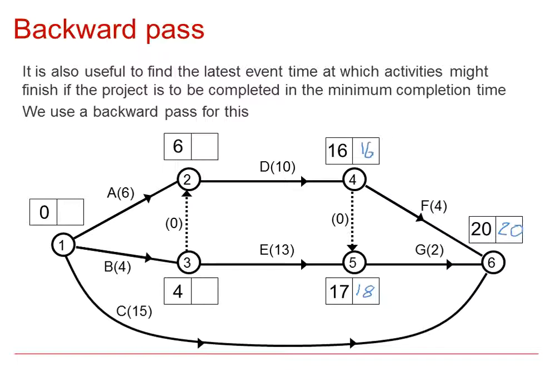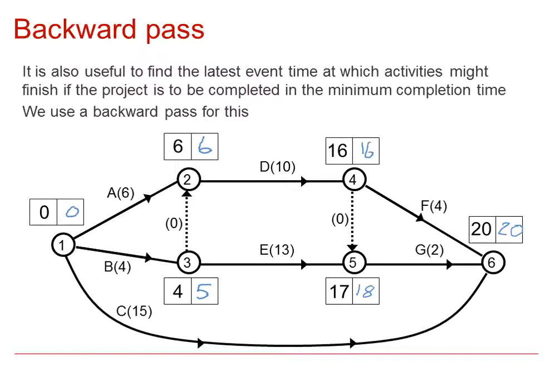Working back from 16, for D to be finished by 16, the latest time it can start is 6. For E, the latest time it can start is time 5. And working back again, for A to be finished by time 6, the latest time it can start is 0.